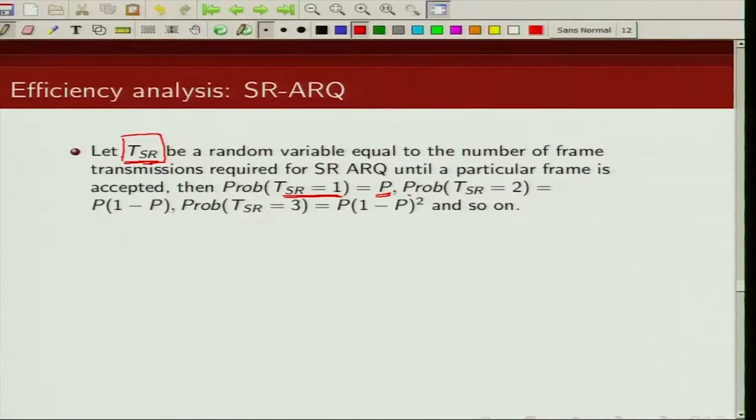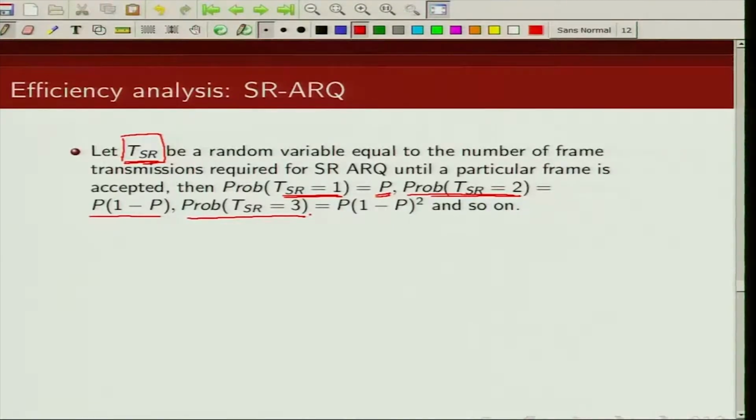Now what is the probability that we need to transmit the packet twice? That would be given by 1 minus P, because in the first instance we did not accept the packet, and in the second instance we accepted the packet. So that probability is given by P times (1 minus P). Similarly, what's the probability that we have to make 3 transmissions before a packet is accepted?